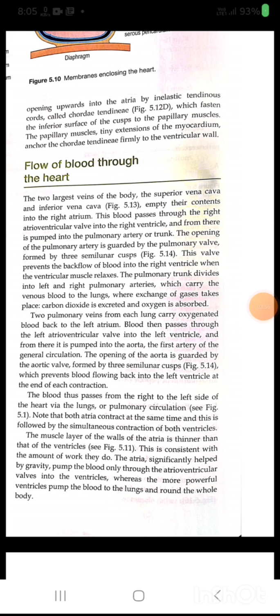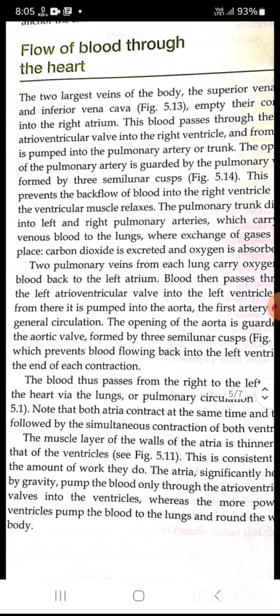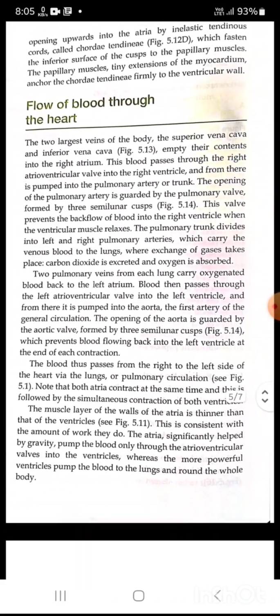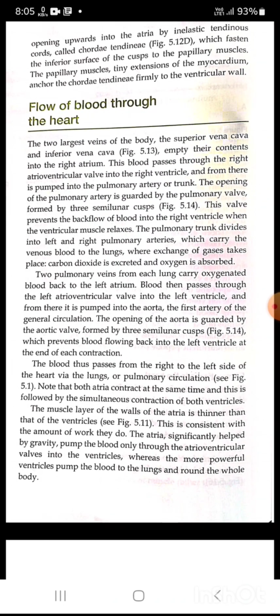So the next content is, from the left ventricle it is pumped into the aorta, the first artery of the general circulation. So till now we were seeing the pulmonary circulation. Now we are entering into the general circulation.